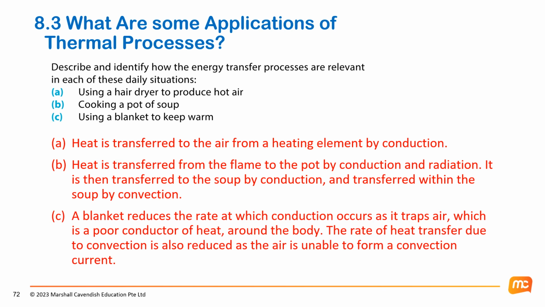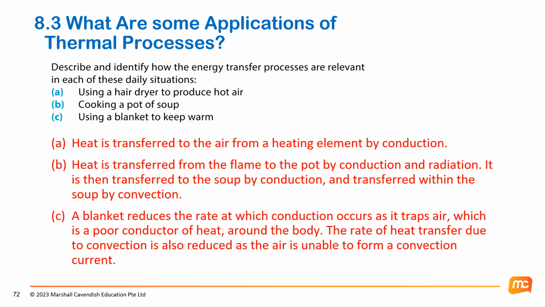For a hair dryer, heat is transferred from the heating element to the air by conduction. For the pot of soup, the heat is transferred from the flame to the pot by conduction and by radiation. Then from the pot to the soup, it is transferred by conduction. And then within the soup, it is convection.